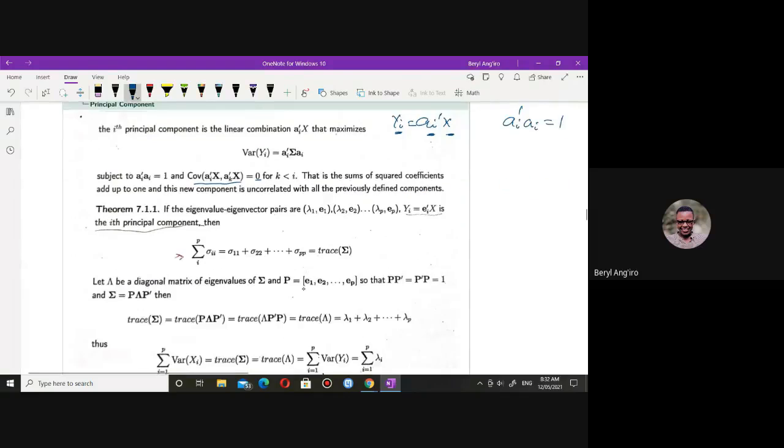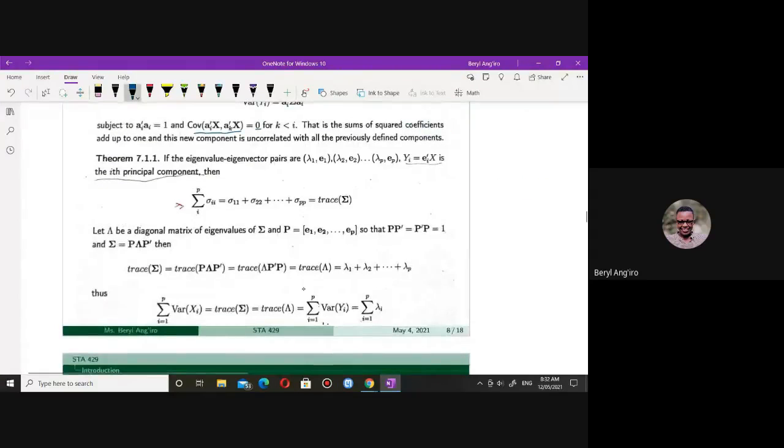Then we have a theorem here that if the eigenvalue-eigenvector pairs are given by this, then yi is the ith principal component. Then again, the sum of the diagonal values is equal to the trace of the matrix, which is also the same as the sum of the eigenvalues.